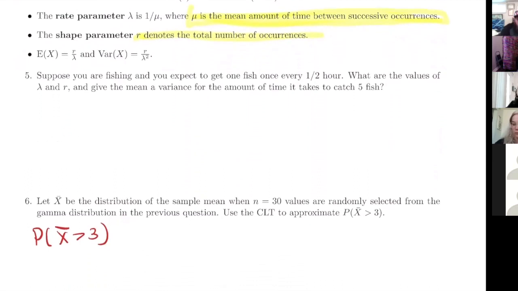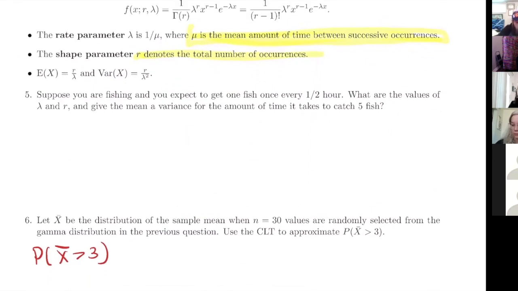So in question 5, we're asked to calculate the mean. I think this means give the mean and not an A there, sorry. We want to give the mean and the variance for the amount of time it takes to catch 5 fish.